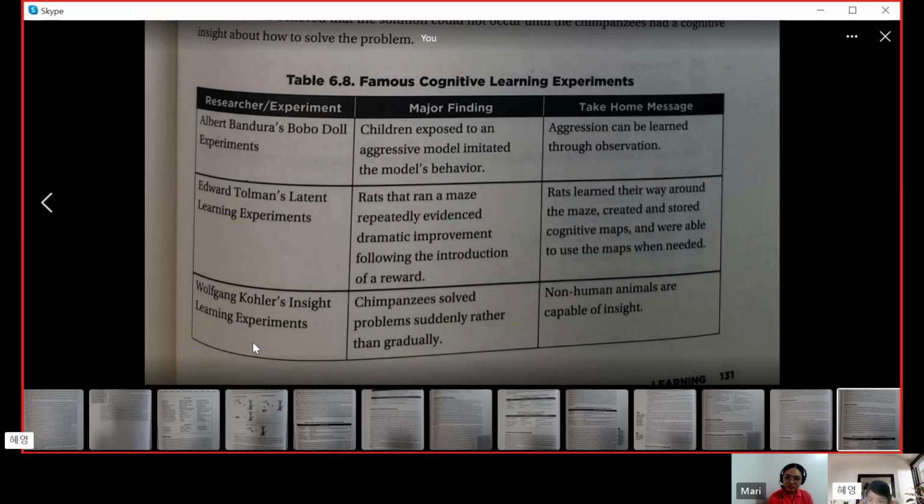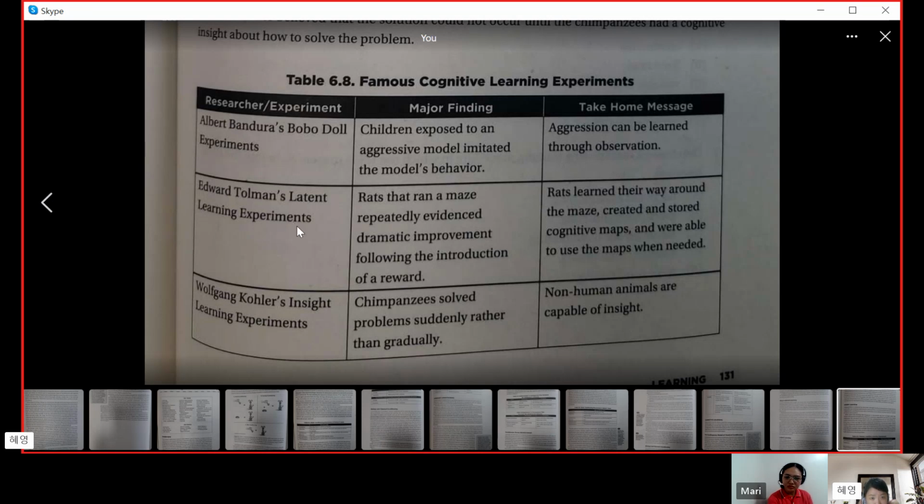In Bobo's experiment, children exposed to an aggressive model imitated the model's behavior, and aggression can be learned through observation, modeling.